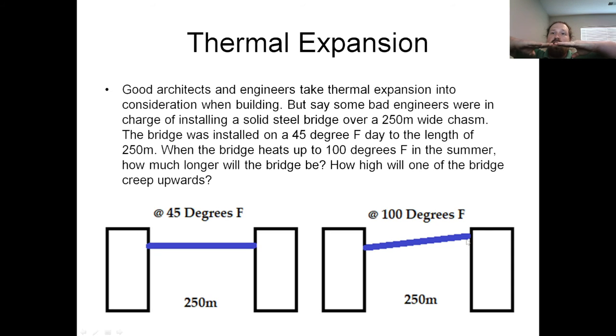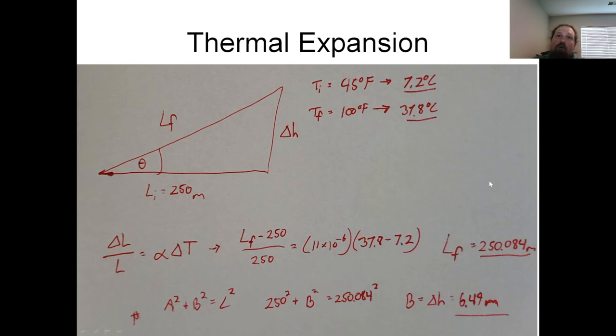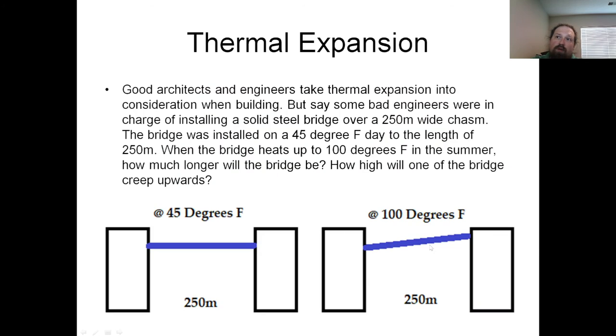What I'm envisioning here is if one end of the bridge disconnected, how high up would it go to be able to fit in that 250 meter horizontal gap? And I'm going to show how I calculated this. What I've drawn here as a triangle is basically the right triangle formed by the expanded bridge bed of the road and the original 250 meter gap.